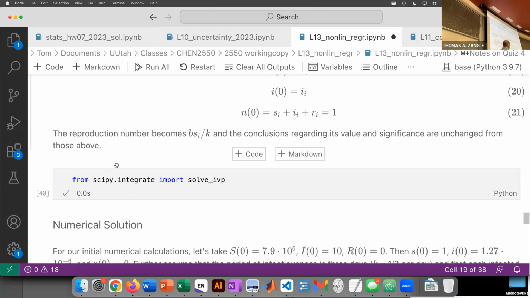Even though we don't have a closed form expression or a single equation that directly relates these S, I, and R proportions to time, we have a set of differential equations that describes how things change.